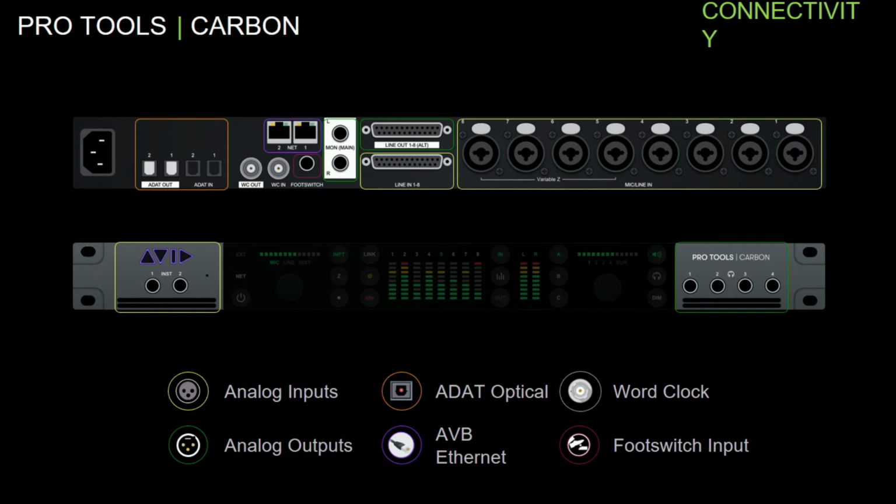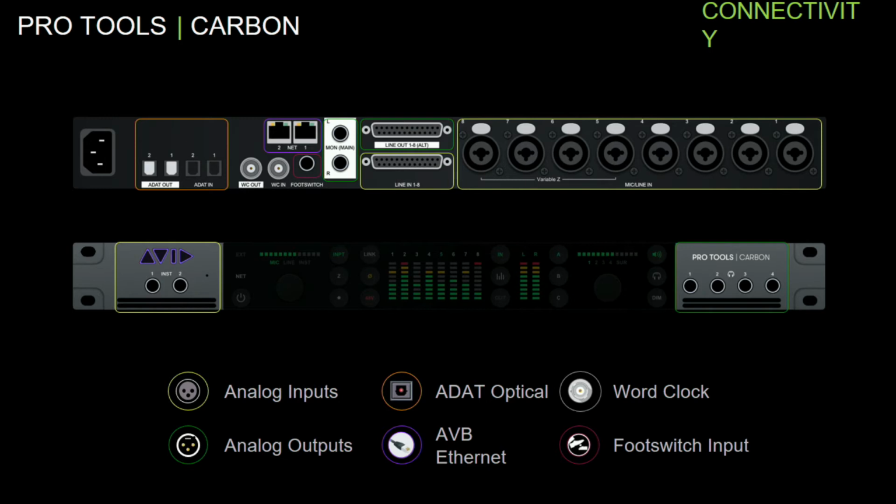So we have the option of plugging in a microphone, line input, or instrument input. But we actually have a lot more outputs.